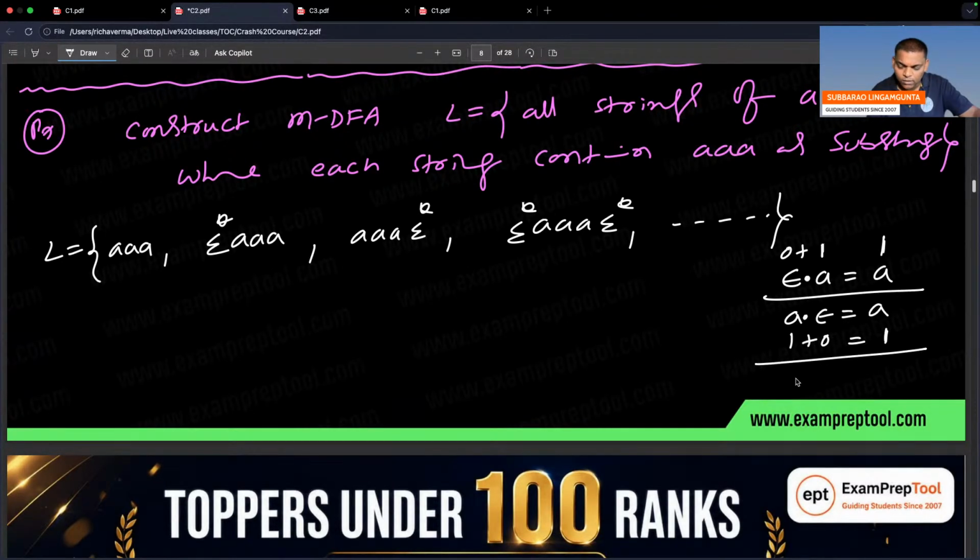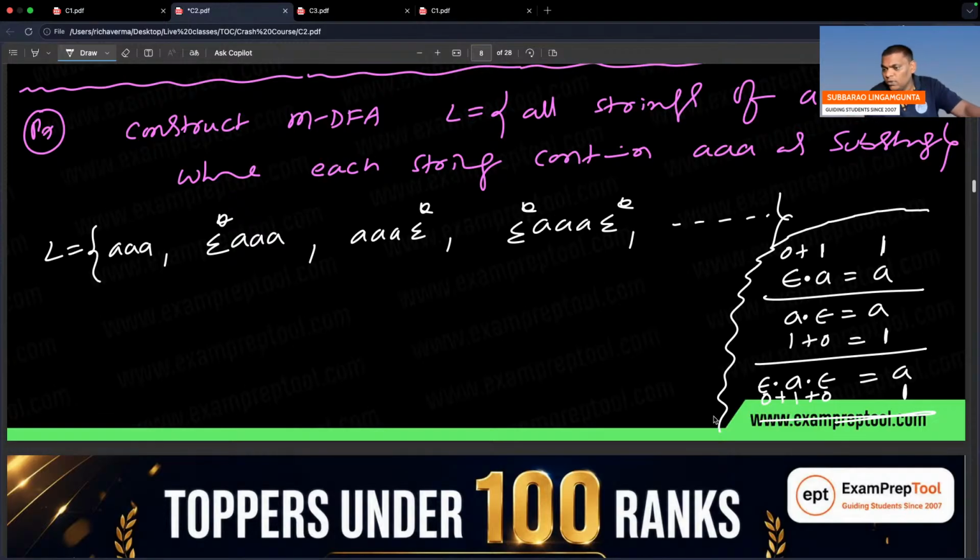Epsilon before, epsilon after, with A, is A only: 0 length, 1 length, 0 length gives 1 length. So remember, for every string, epsilon is by default there before and after, because epsilon into anything is anything, and anything into epsilon is also anything. This is the only thing you have to remember.